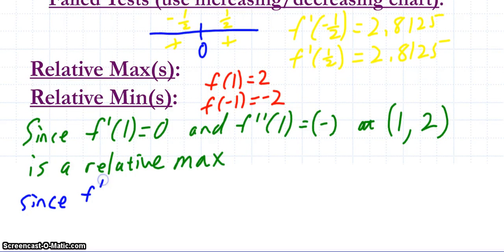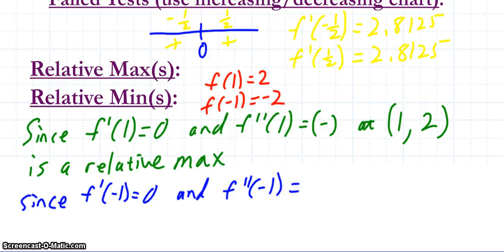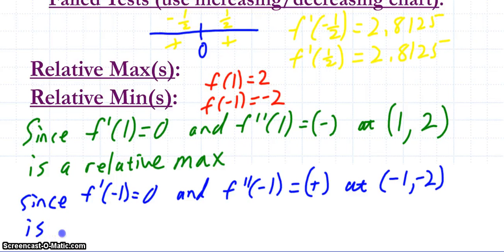Since f prime of negative 1 is 0 and f double prime of negative 1 is positive, at negative 1, negative 2 is a relative min. So those are our answers.